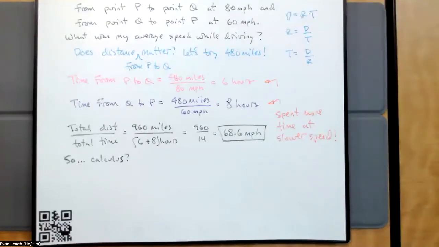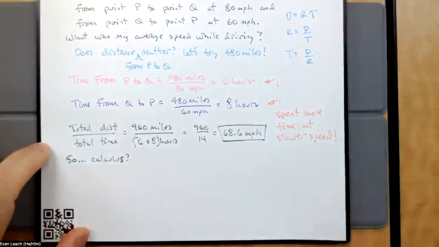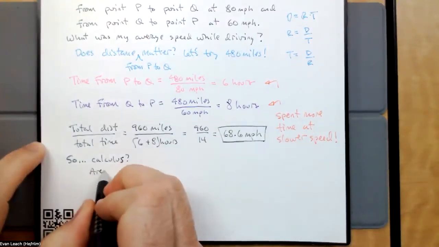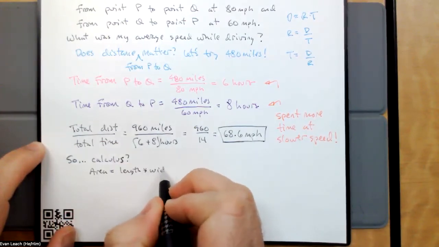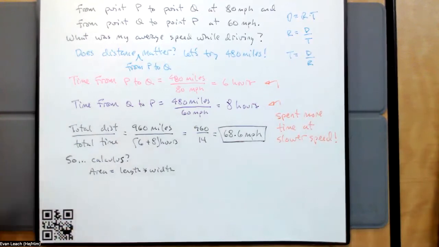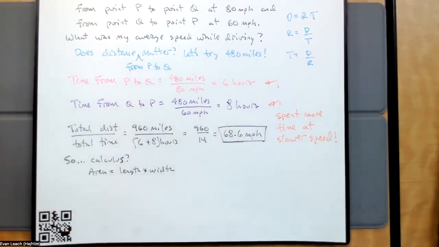So what we're concerned with is area. And now that we have calculus, all we care about with area is that area is equal to length times width. Every other area formula we have is just some niche formula that we had to figure out because we didn't have calculus.